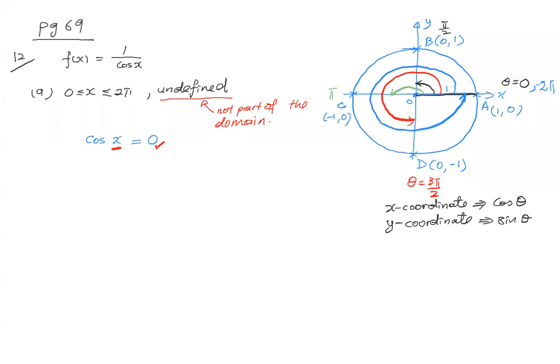Which point has the x coordinate of 0? B and D. So what is the angle?